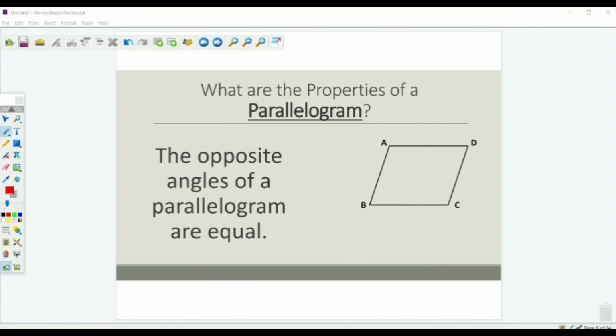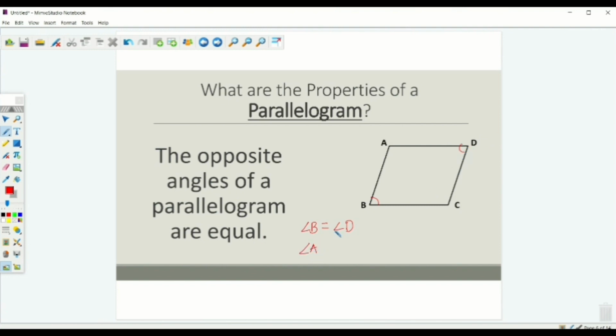Next property of a parallelogram is that opposite angles of a parallelogram are equal. Meaning to say, if we have angle B here, angle B is equal to angle D, which is this one.